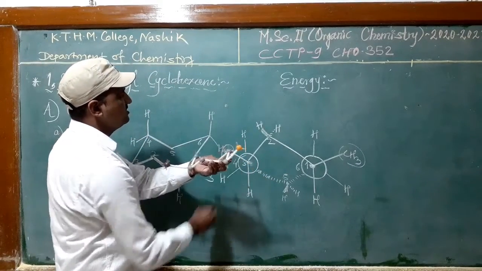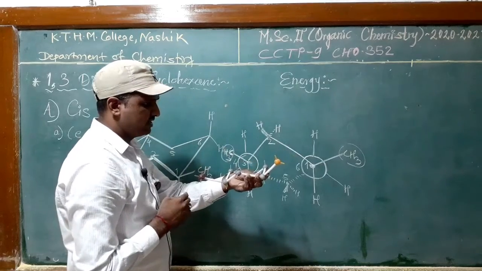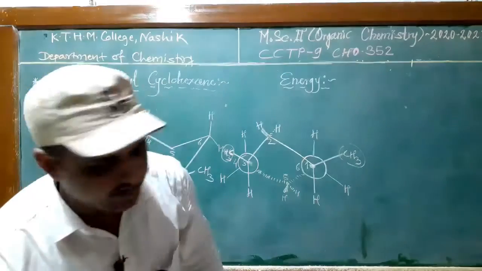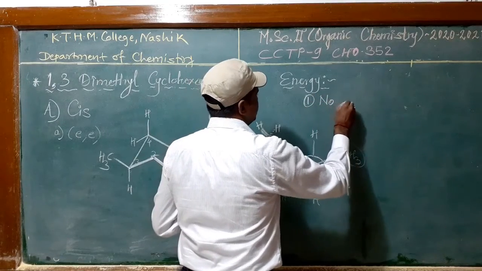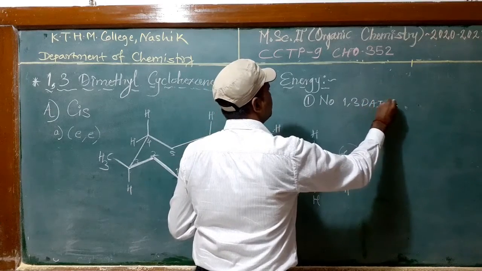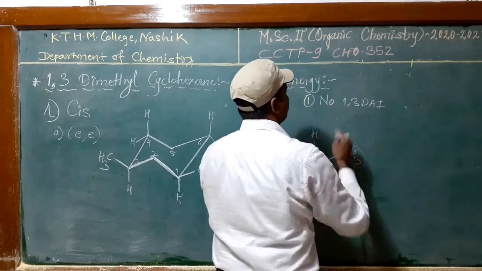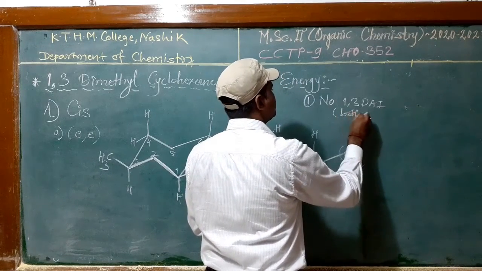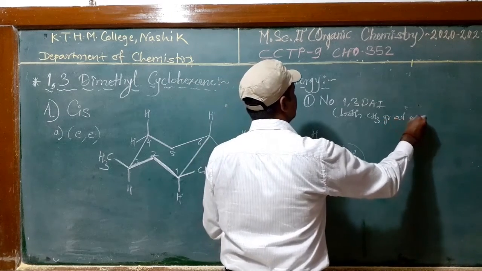Second CH3 is in equatorial position, no 1,3-diaxial interaction. Means the first point is that there is no 1,3-diaxial interaction, because both CH3 groups are at equatorial position.